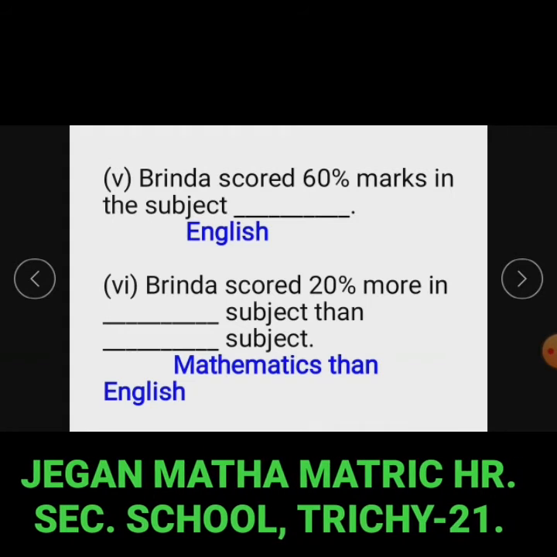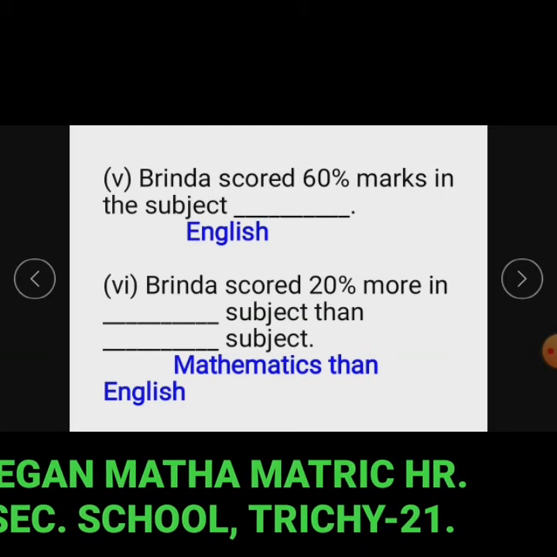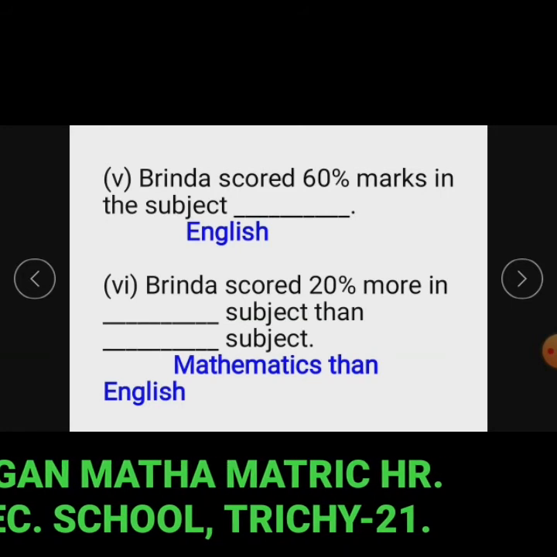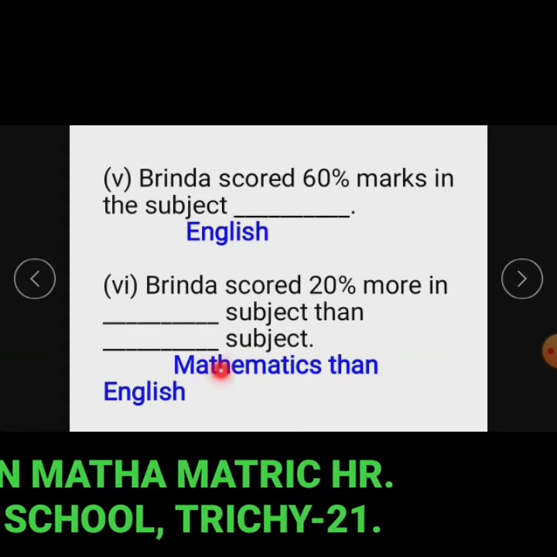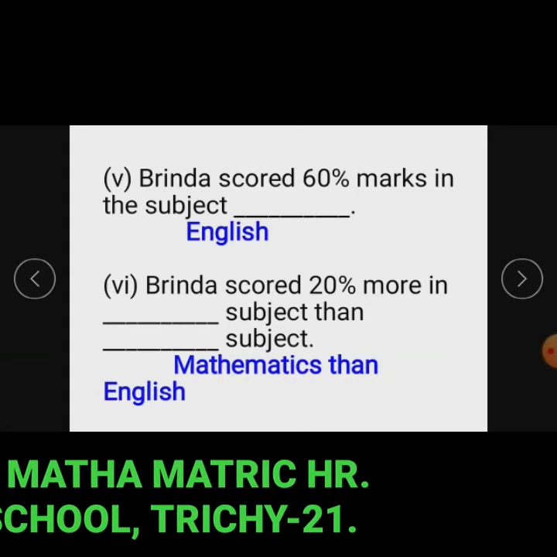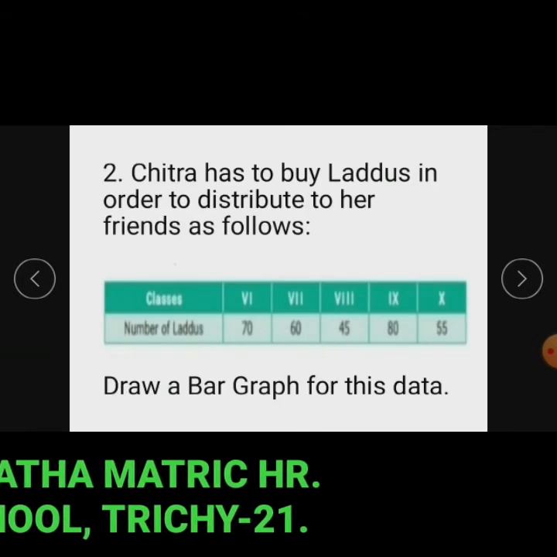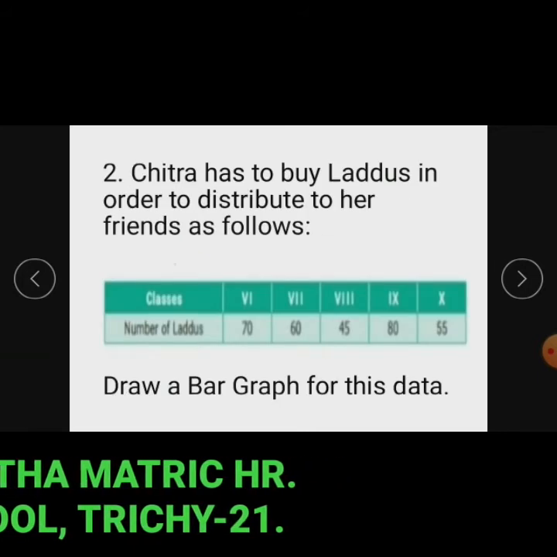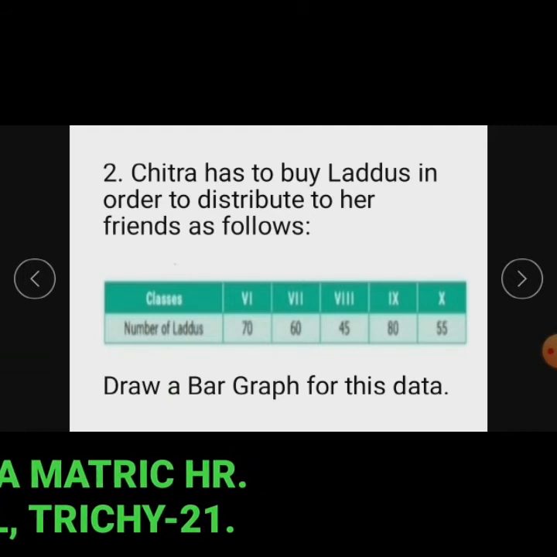Question number 6. Brinda scored 20% more in dash subject than dash subject. Brinda scored 20% more in mathematics than English. Question number 2. Chitra has to buy laddus in order to distribute to her friends as follows.